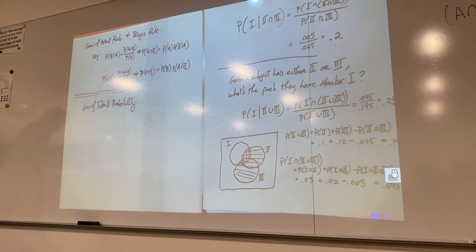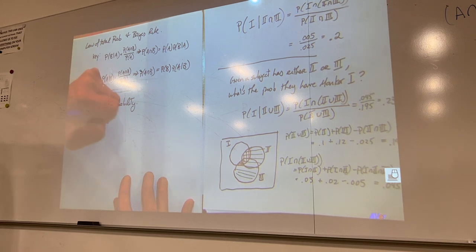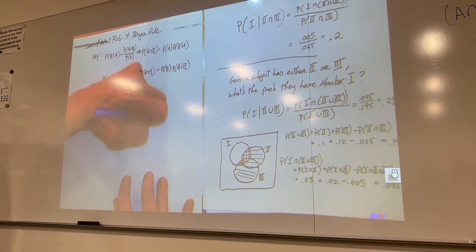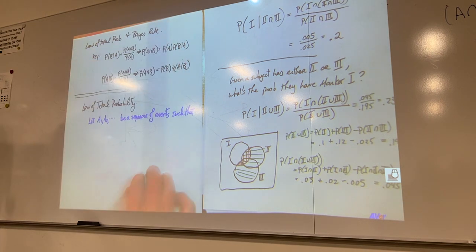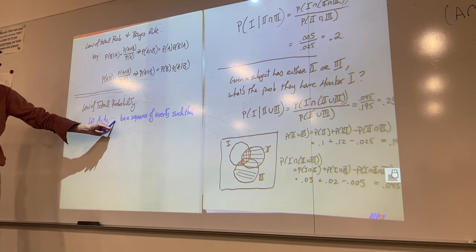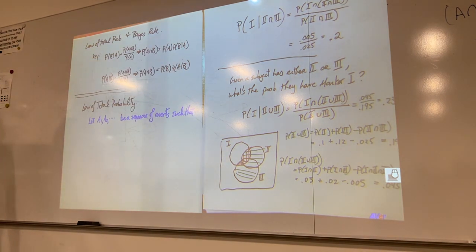Let me change colors. Let A1, A2, dot, dot, dot be a sequence of events, and by the way, it can be a finite collection, but it can also be a listable collection of sets.